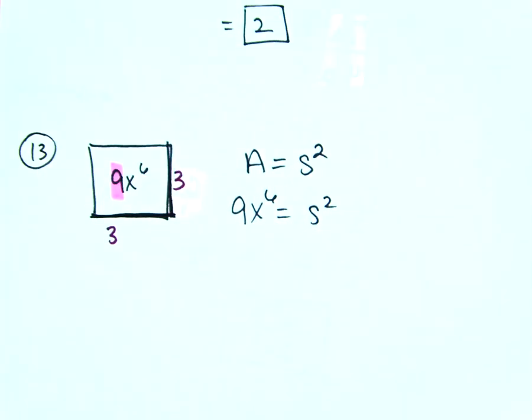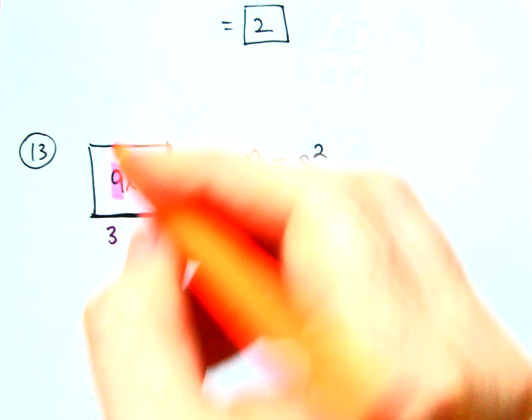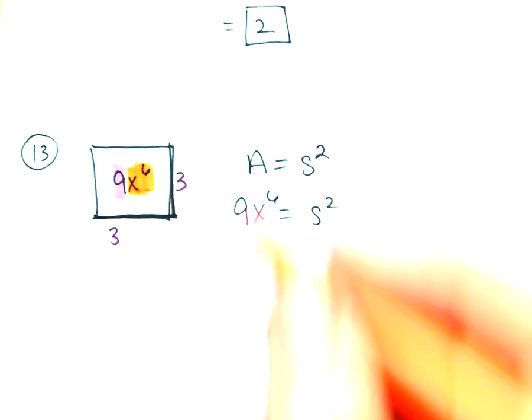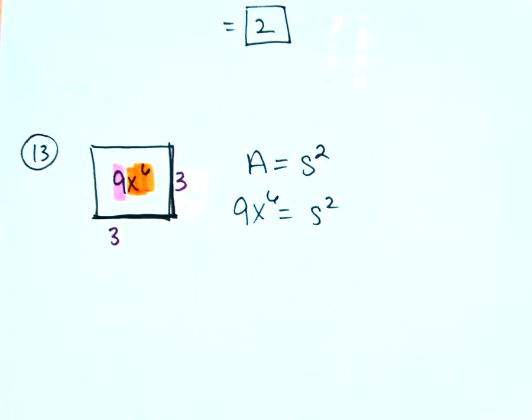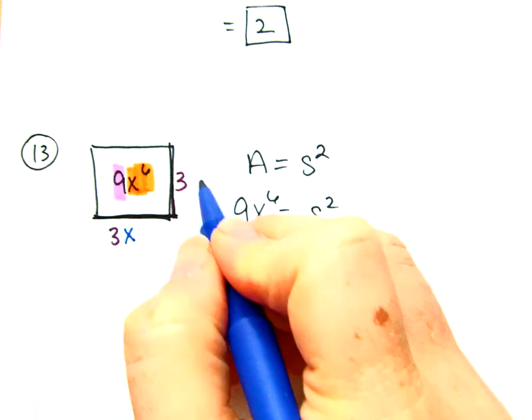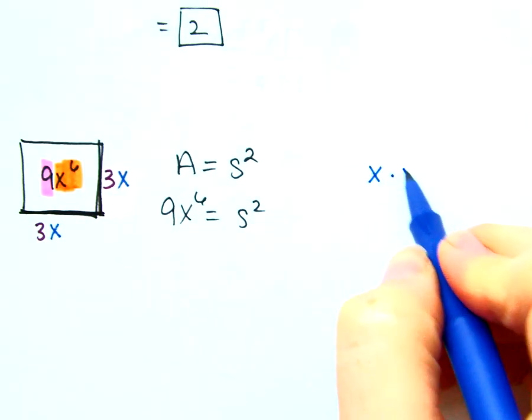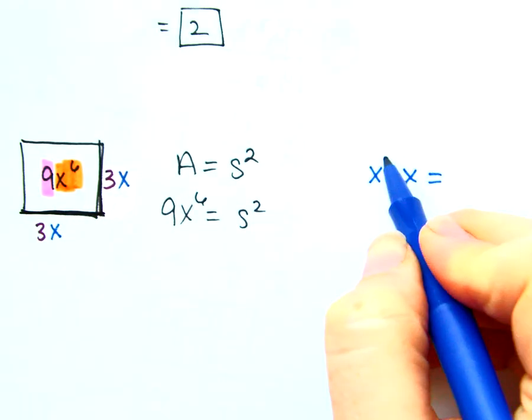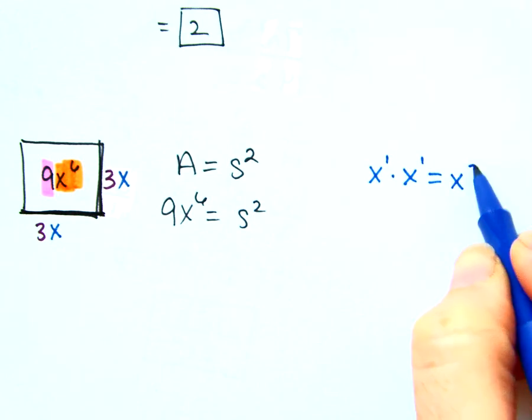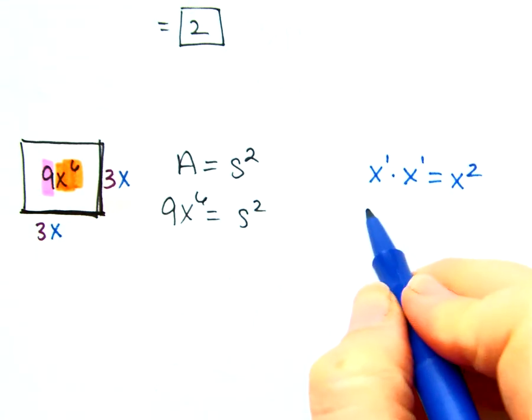And then the next question is what can I multiply by itself to get x to the 6th? Well, I know that if I start thinking about multiplying x, right? X times x, 1 plus 1, would be x squared. And it has to be the same thing, right?